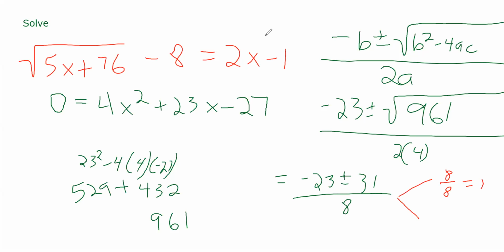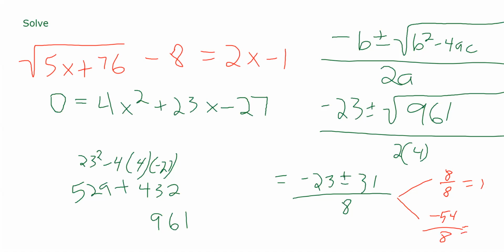Negative 23 minus 31, well, you know it'll turn out to be negative. And then you know that 31 plus 23, maybe you can do it. That's going to be 54. So it's going to be negative 54 over 8. And now the only thing you can maybe do is simplify that into negative 27 over 4.